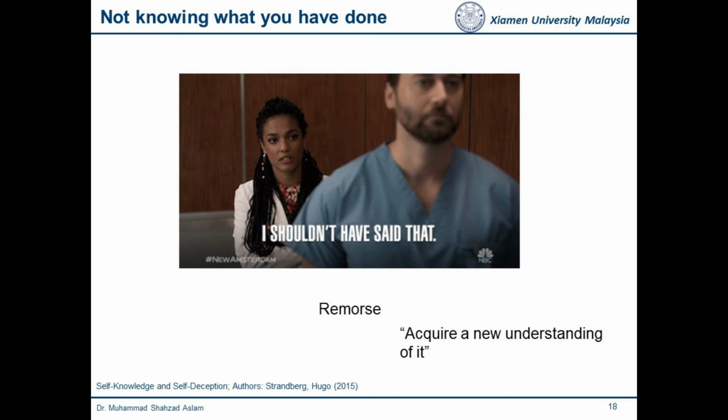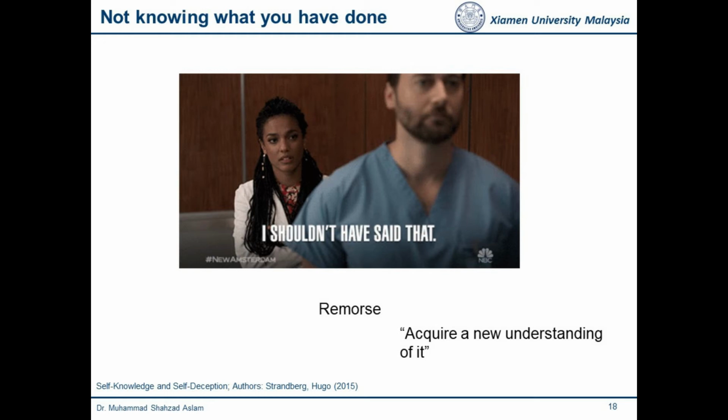Sometimes what happens is that some people act impulsively toward their friends. For example, if you have a fight with your best friend, and you become abusive, and then after a certain period of time you realize that you should not have done that act.